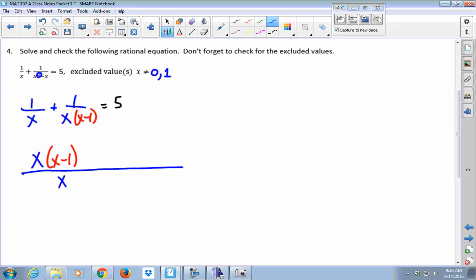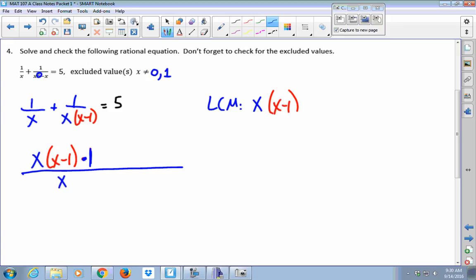I don't have to multiply the bottom by it because I'm now multiplying both sides. So my LCM is x times x minus 1. I multiply my 1 on the top by x times x minus 1. I wouldn't be allowed to do that if I didn't have an equation. Yeah?